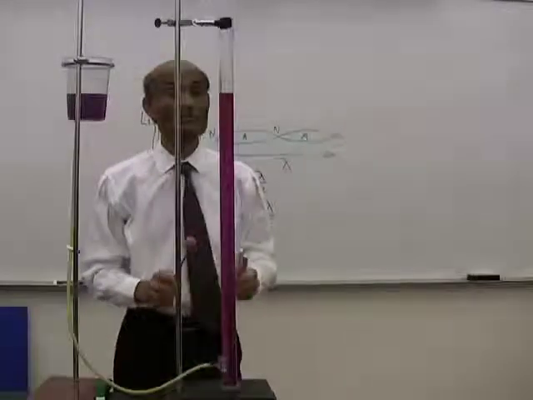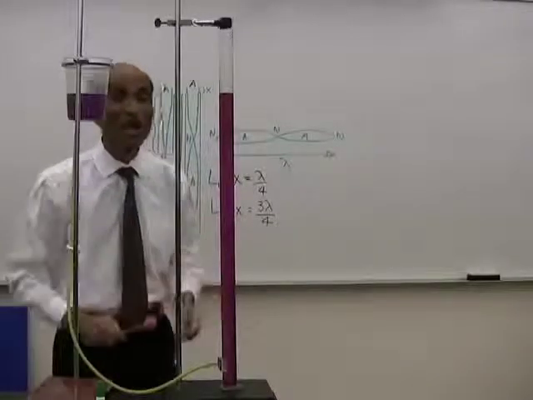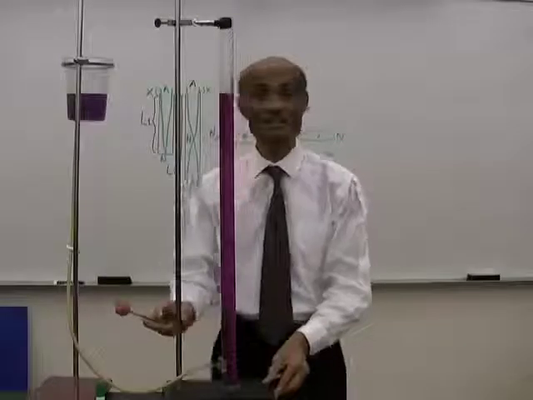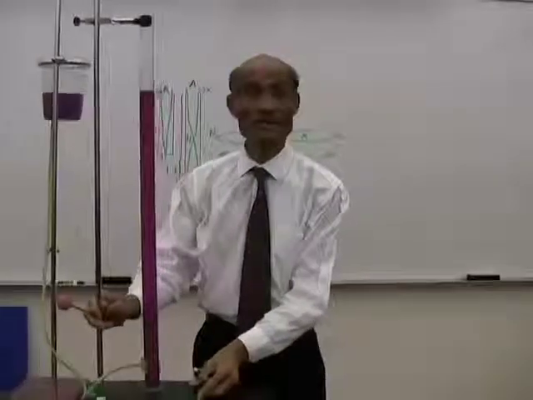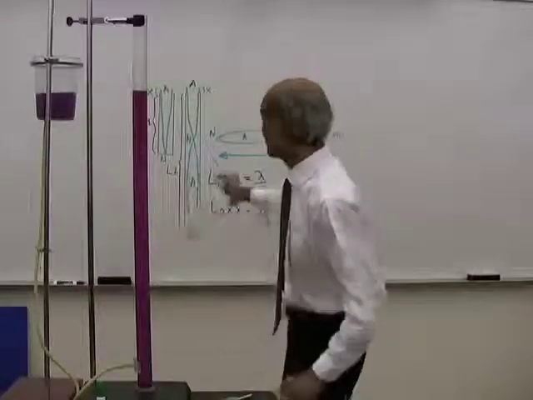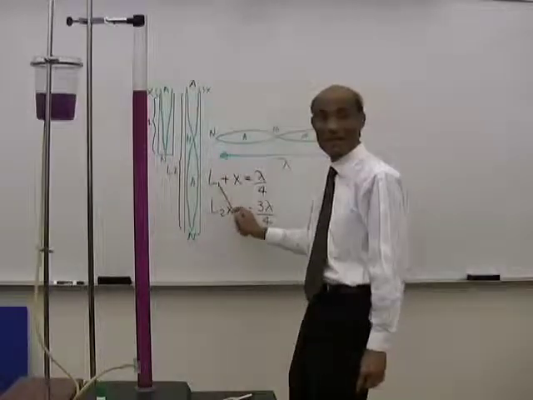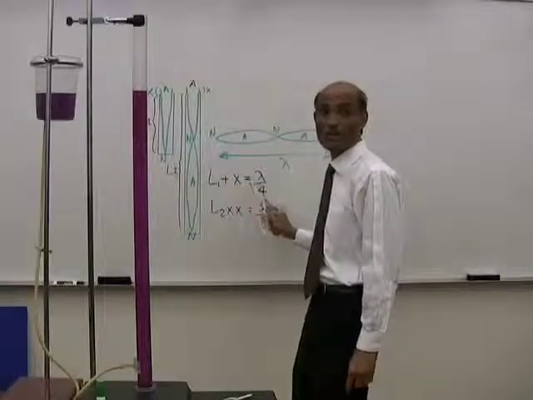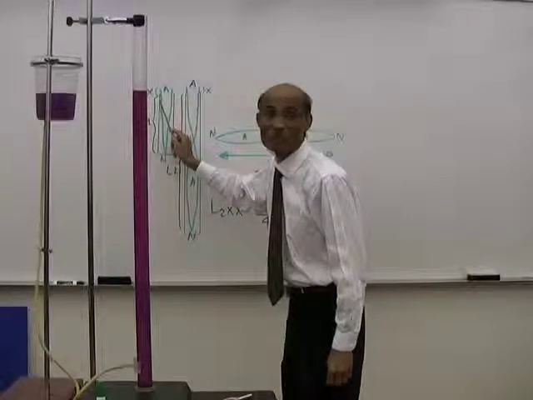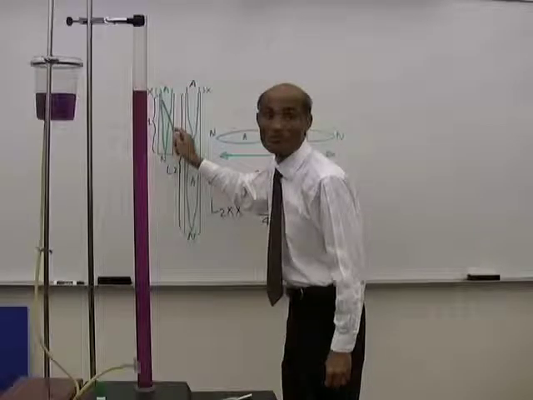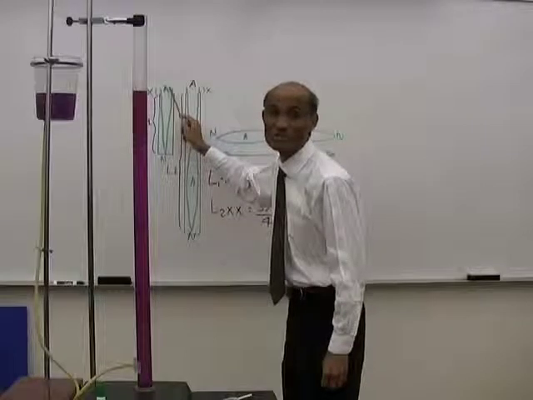Now after the first resonance, I will allow the water to fall again until I hear a second resonance. Well, when the second resonance occurs, this will be the situation. So for the first resonance, L1 plus x equal to lambda by 4. Now what does this x stand for? This x is the small distance above the mouth of the tube where the antinode is formed.